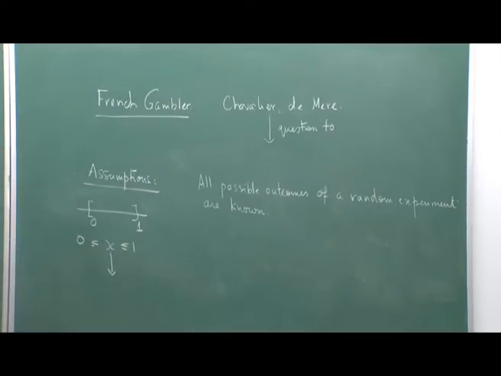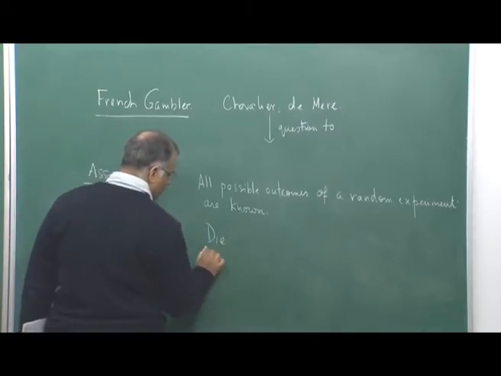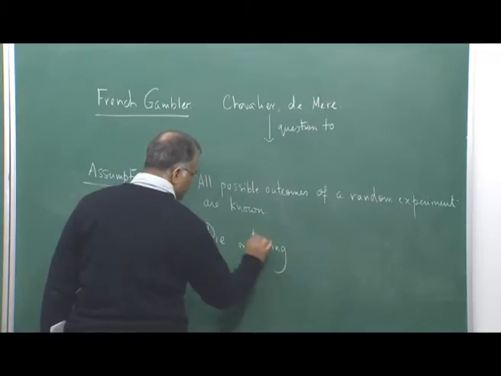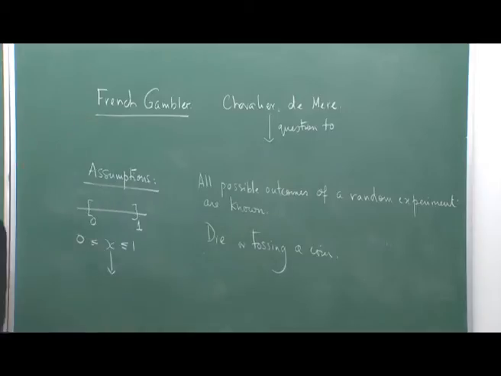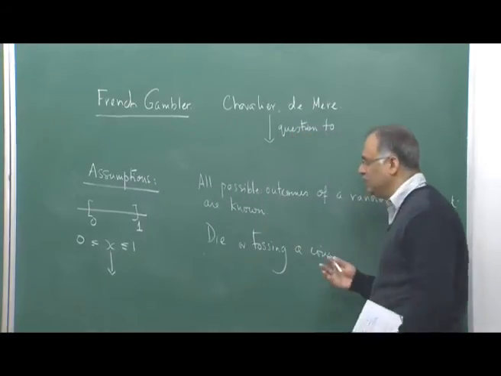So, here I have infinite possibilities. But for throwing a die or tossing a coin, I have finite possibilities.